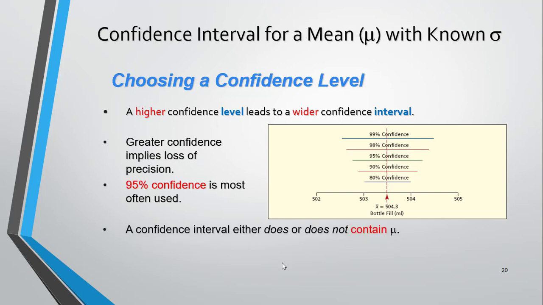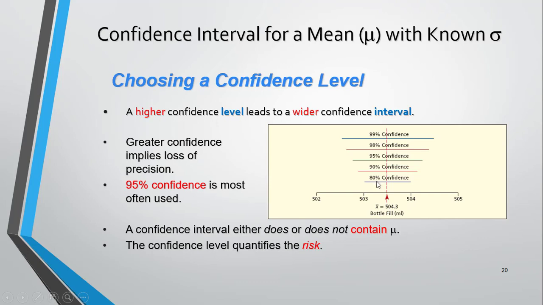A confidence interval either does or does not contain mu. We hope it does, right? But it either does or does not, and the confidence level qualifies the risk. If you have a confidence level that's too small, you're running a risk, for example a 20% chance that the interval does not contain the true population mean.